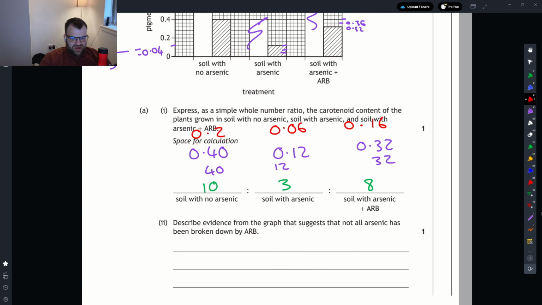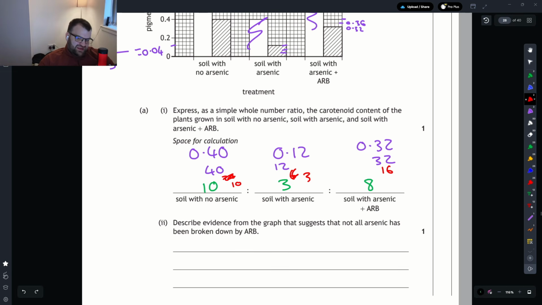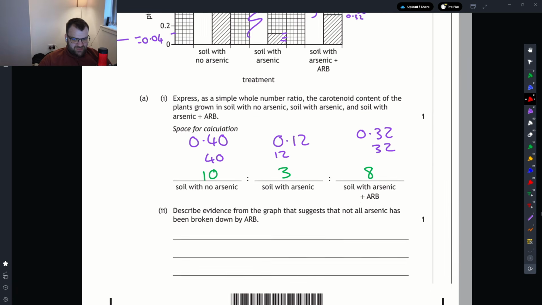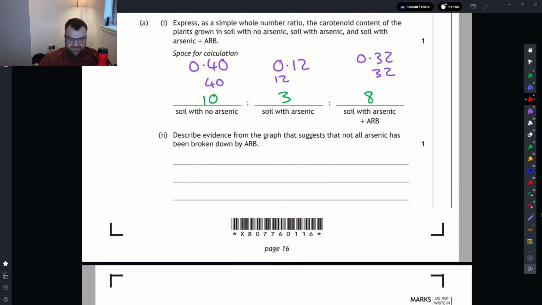I'm just not sure if there's one way that just makes life easier. If you weren't catching that they all can be divided by 4, what you could have done at this point is divide by 2. And then you can see, oh, you can divide by 2 again. 3, and then 8, and you still get to that answer. Calculator should hopefully help, even if the number's quite hard to spot. That should give it a wee bit of a guide towards it.